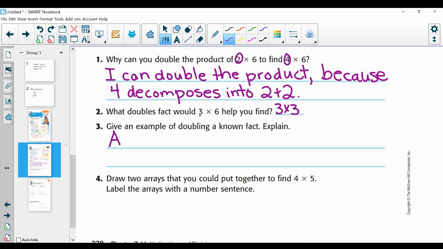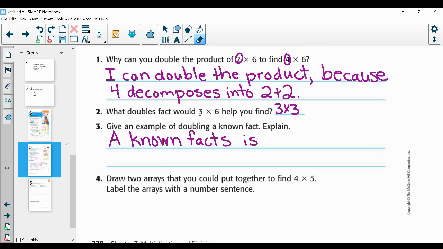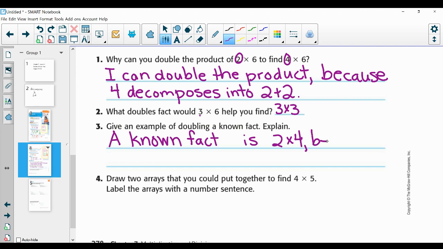A known fact is 2 times 4, because I have memorized it.